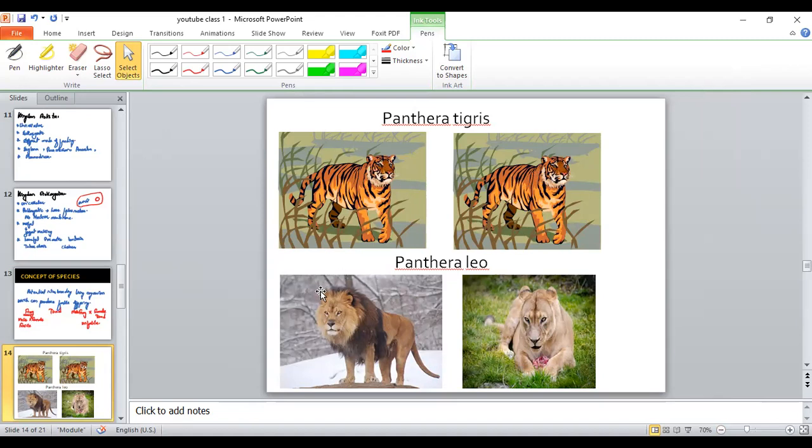A tiger could not mate with a lion. If they do, the offspring they produce is infertile. So I hope the concept of a species is clear to you. Individuals which can mate and produce fertile offspring are called a species, and they are the smallest, basic unit of classification.